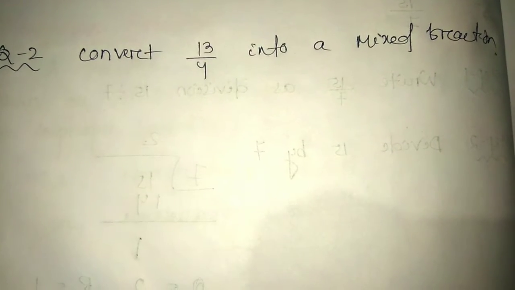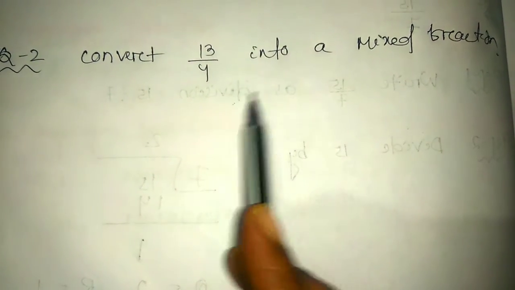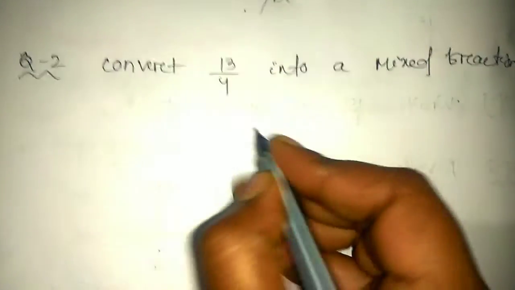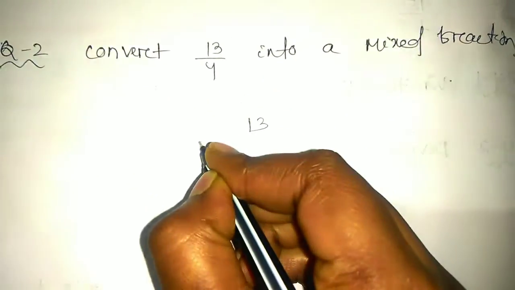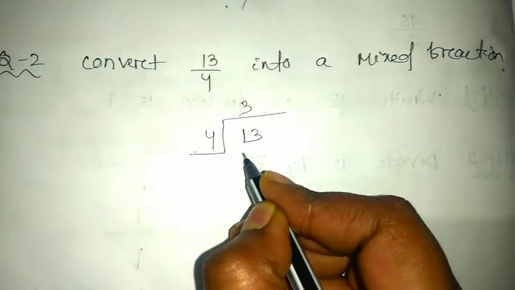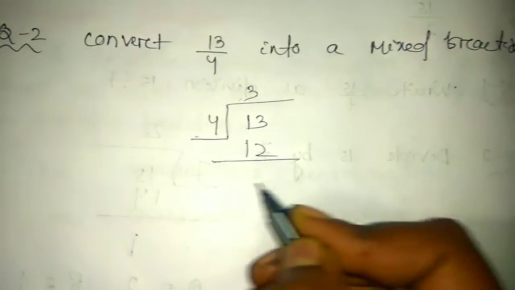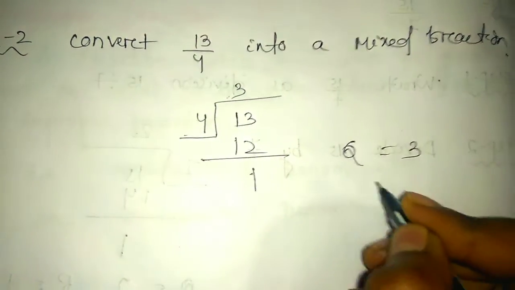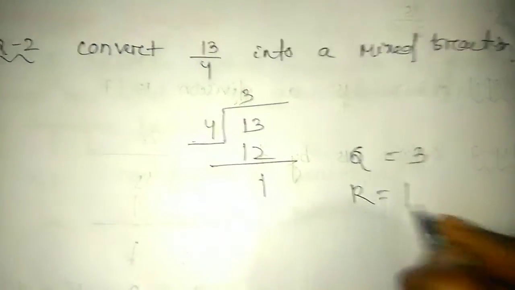Let's do another example. Convert 13 by 4 into a mixed fraction. So you have to first divide 13 by 4. 4 threes are 12. Here the quotient is 3 and the remainder is 1.